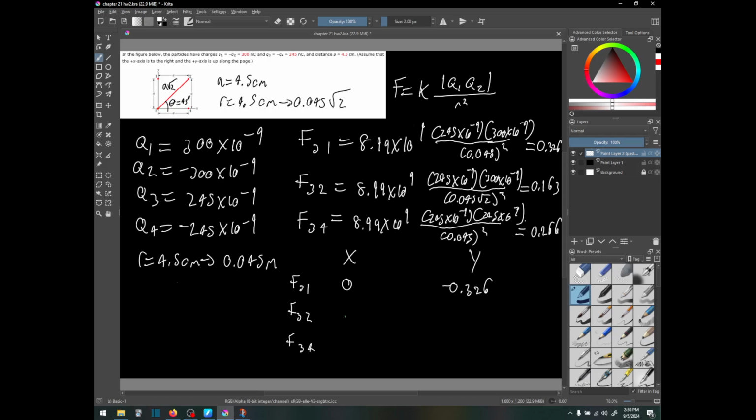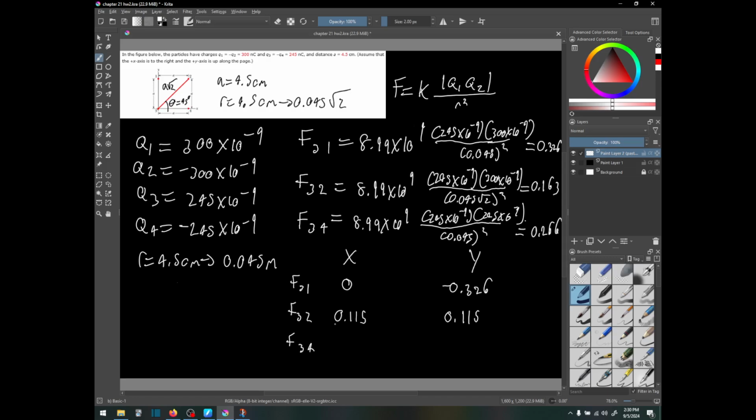So 0.163 times sine of 45, we're getting 0.115, and same thing with cosine. It's getting pulled in the positive x and positive y direction.